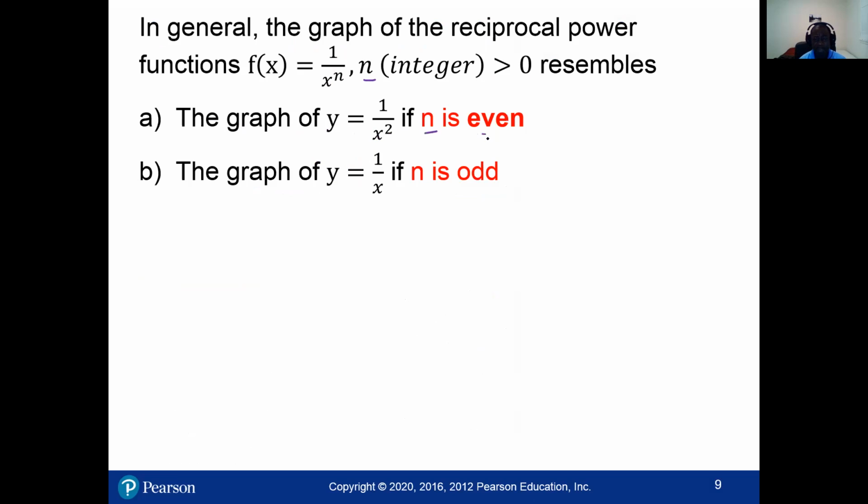In other words, it's symmetric with respect to the y-axis, has no x and y intercepts, and the y-axis and x-axis act as the vertical and horizontal asymptotes respectively. On the other hand, if n is odd, then it resembles the graph of y equals 1 over x, as we explained.